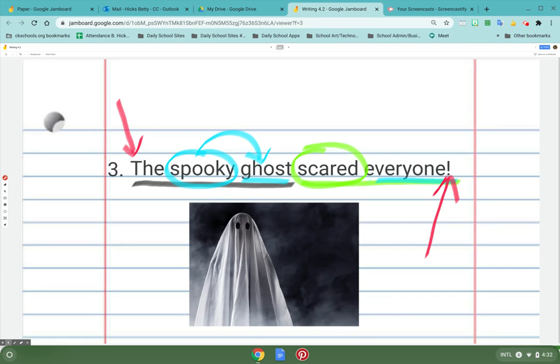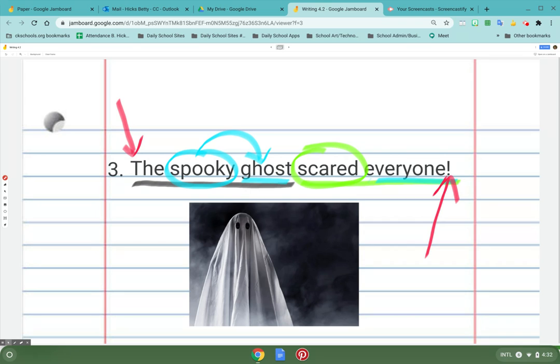Because I want people to know that this was horrible, that he scared everybody in the room. So that's an exclamation point. Now, if I'd put a period there, I would have just said, the spooky ghost scared everyone. But this one, you put a lot of feeling with it.